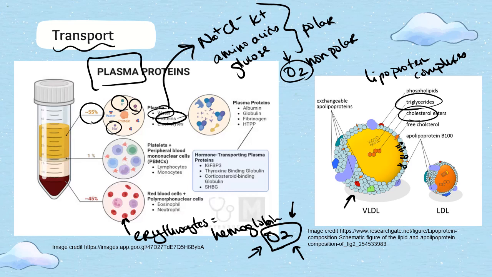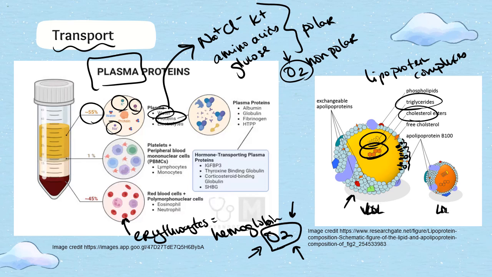The phospholipid polar heads are out here toward the plasma of the blood. The tails stick inside this bubble, this lipoprotein complex, and this is where the other nonpolar things like cholesterol and triglycerides hang out.